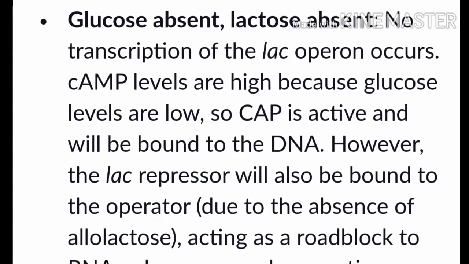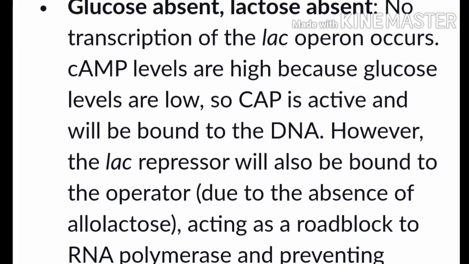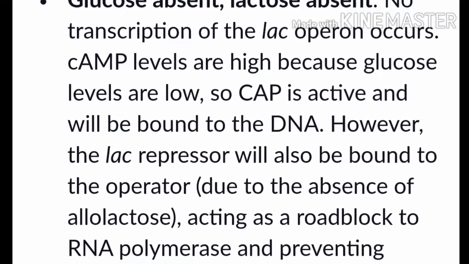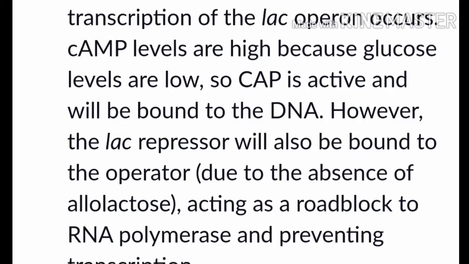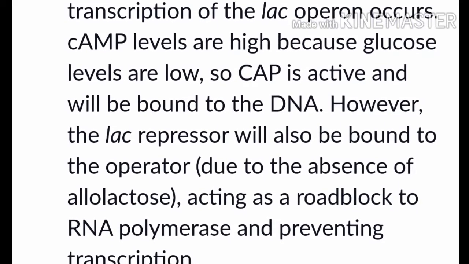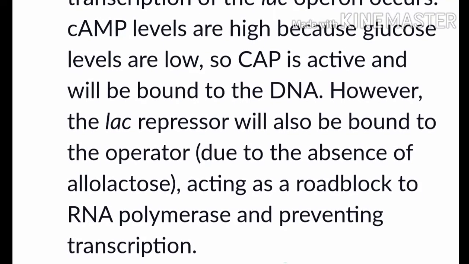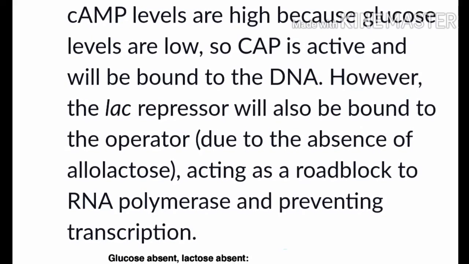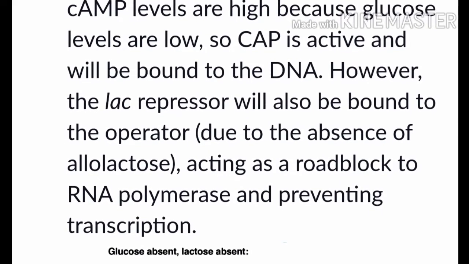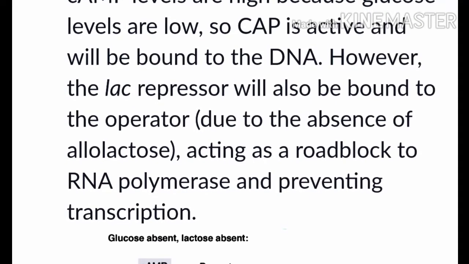Next condition, when glucose is absent and lactose is also absent. Here, no transcription of the Lac Operon occurs. The cAMP levels are high because glucose levels are low. So CAP is active and will be bound to the DNA.